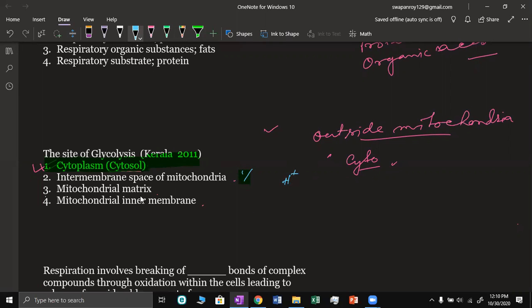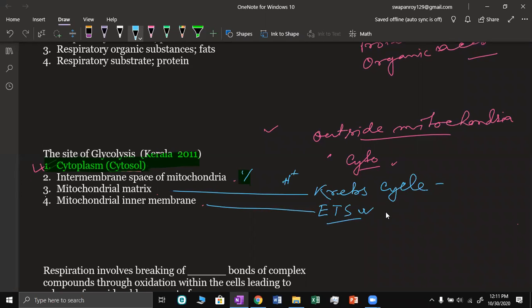The mitochondrial matrix is the site for the carbohydrate Krebs cycle. And the mitochondrial inner membrane is the site where the ETS, electron transport system, is located, and terminal oxidation takes place here.